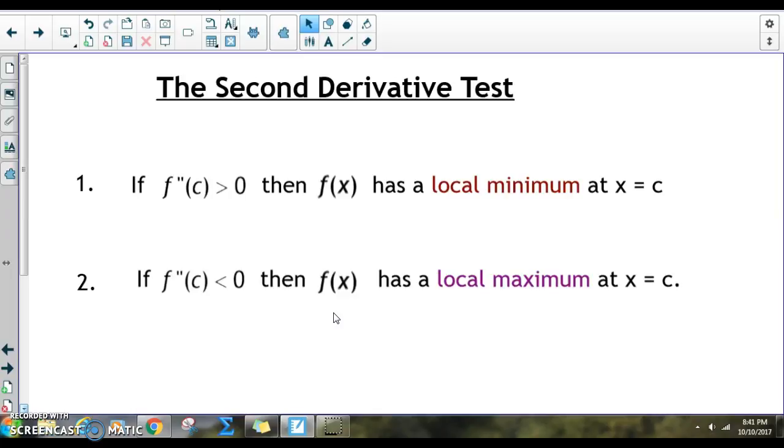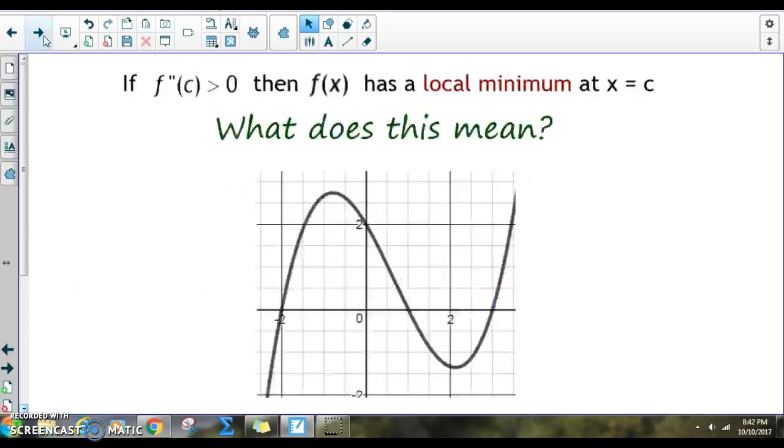Remember, we mentioned in class that the reason for this is that when the second derivative is positive, you have a concave up graph, which makes a minimum value. And when the second derivative is less than 0, this creates something concave down, which in turn creates a local maximum.